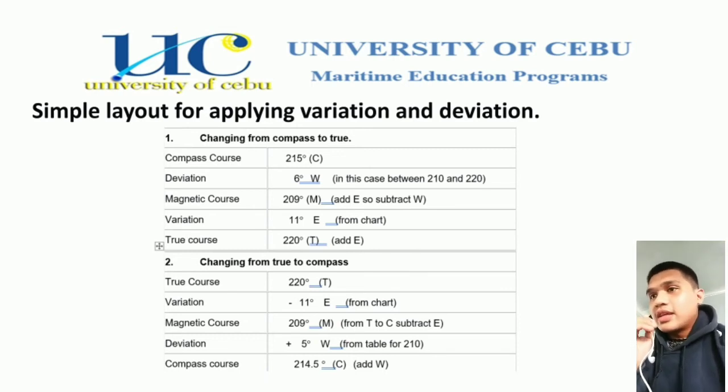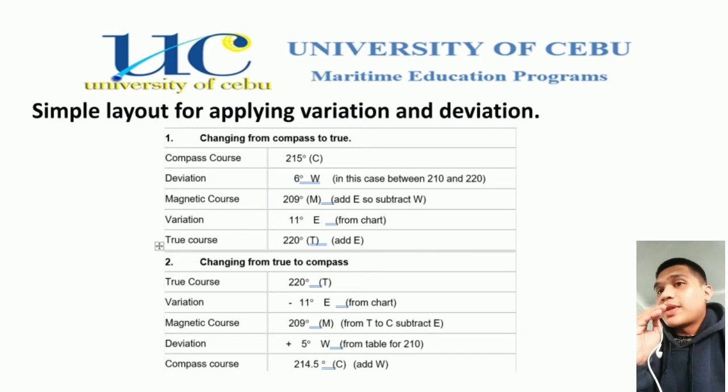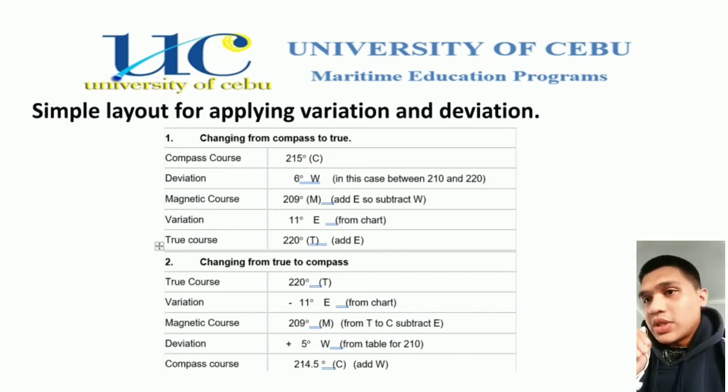Add if it is east. In our case, we have west, so we will subtract it. The variation we have is 11 degrees east. It is found in the chart, and we have the true course of 220 degrees true.